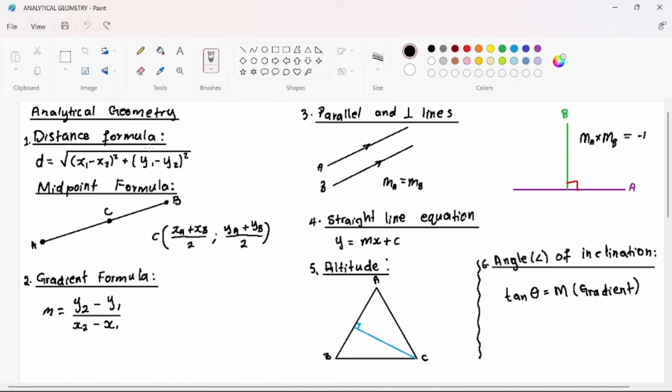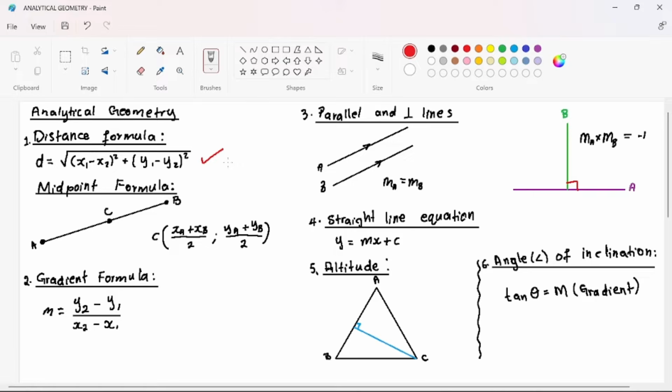So in analytical geometry, guys, we are using formulas, right? So it is essential to know each and every formula and what it stands for and how to use it. Our first formula is known as the distance formula, right? In a distance formula, you must be given two coordinates in order to use it.